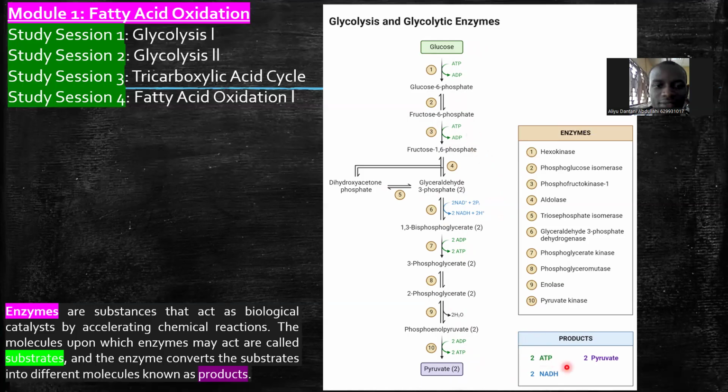And it also gives you 2 NADH. This is important for the electron transport chain. If 1 NADH enters the electron transport chain, it produces 2.5 molecules of ATP, while FADH2, when it enters the electron transport chain, produces 1.5. You should take these figures very seriously.